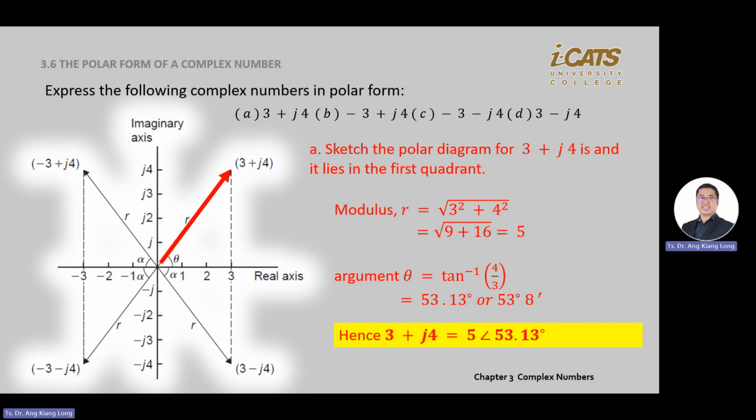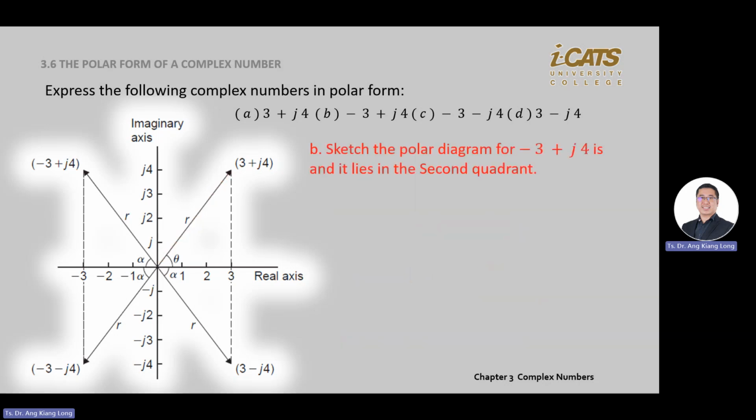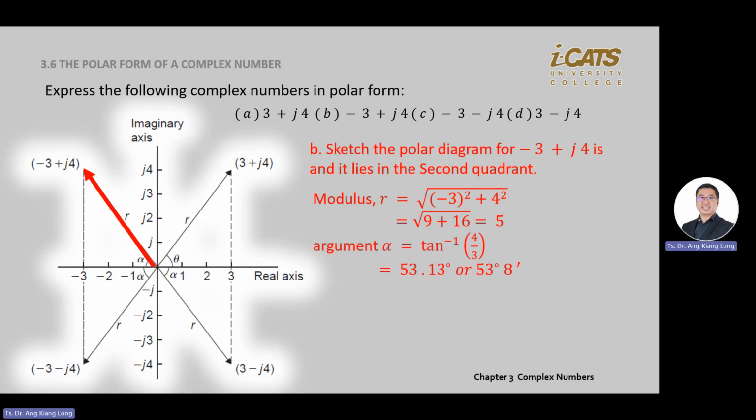First quadrant, no issue. What happens if you go to the second quadrant? You see, the angle is different already. For the second one, it is in the second quadrant. You are calculating the alpha, right? The alpha is 53.13, but the answer is not 53.13.